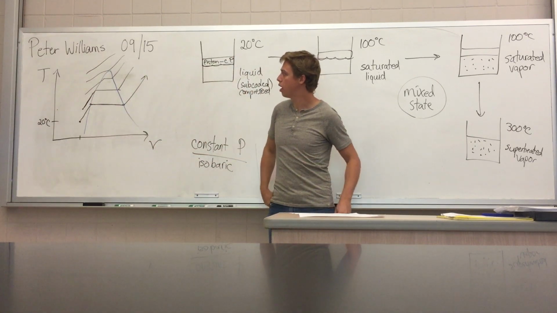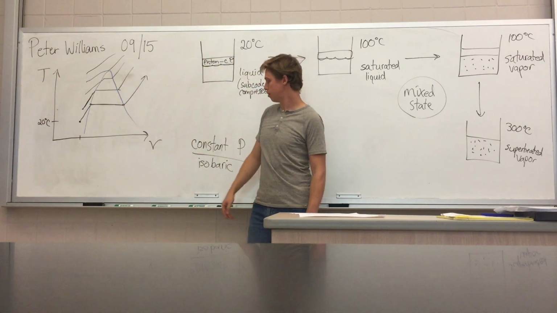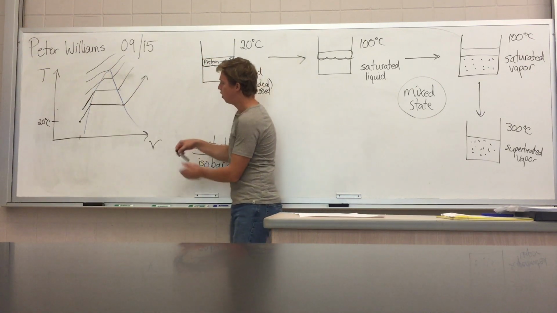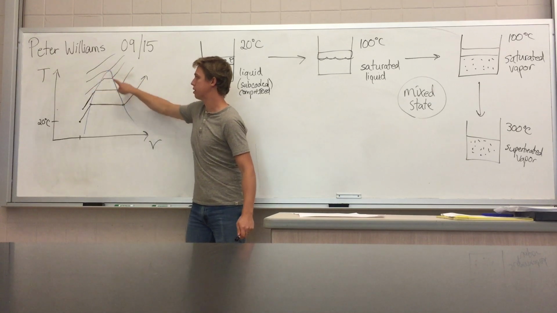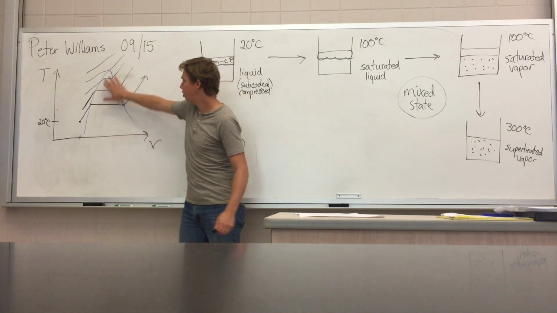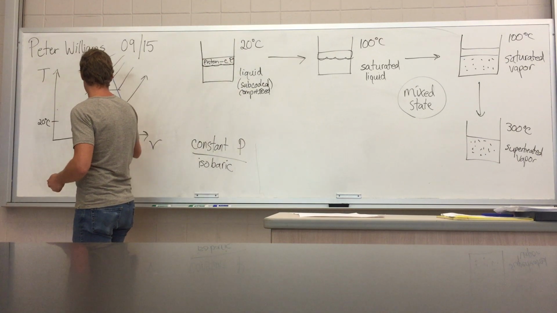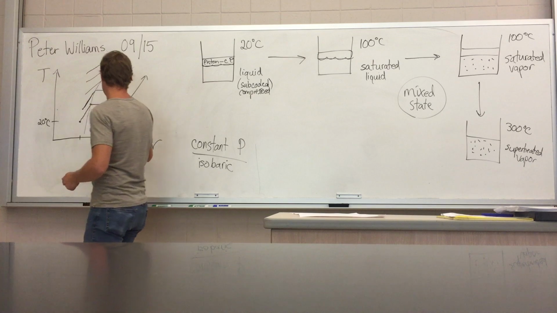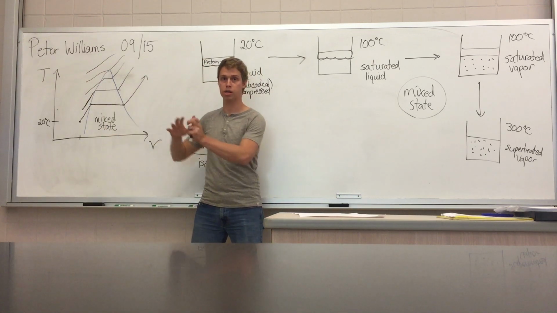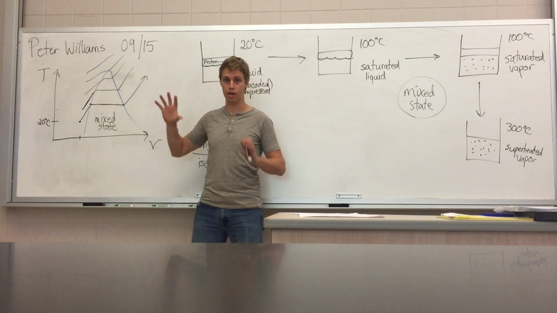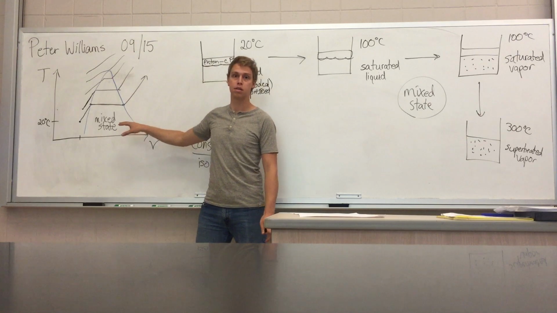So notice that if we join up these vertices, we get something that looks like this. See the shape of that blue line? I've just joined up where the corners of that change. Notice that all of these lines that were flat going across, those were all mixed states. So anything in this region is a mixed state. Any liquid that you would plot on the chart, measure it and put the dot where that state is, any dot that falls in here is in a mixed state.